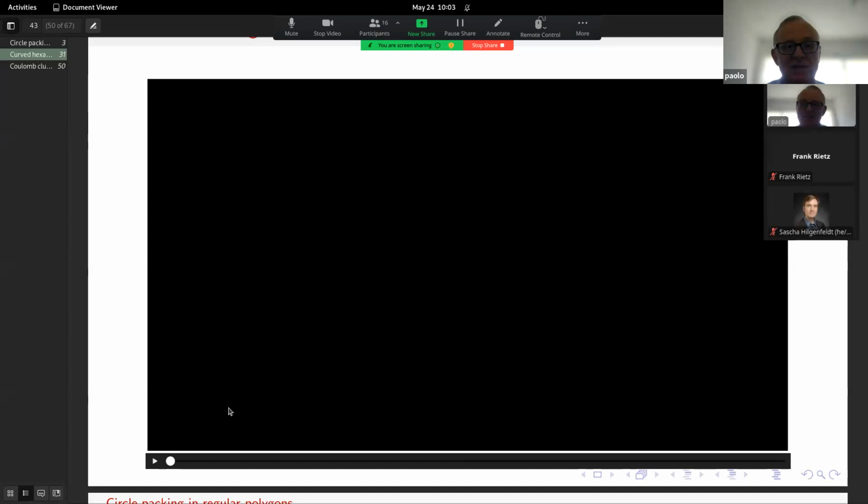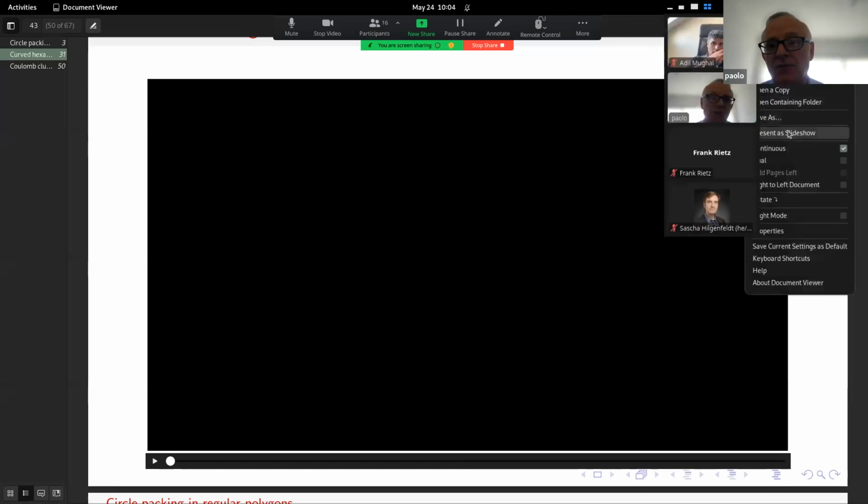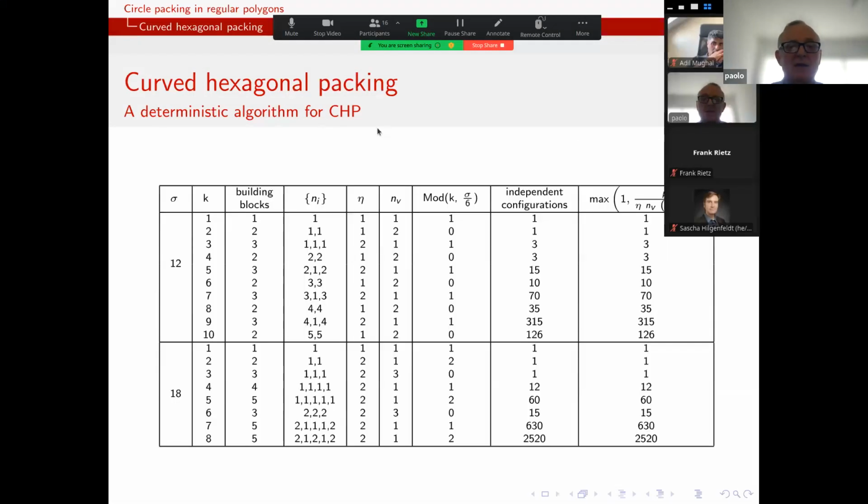Okay, so this is how it works. Now, I can show you for the dodecagon and the octadecagon, we calculated all these configurations. Here is the number of configurations that we got from our deterministic algorithm for the different number of shells, and this is the general formula we derived.